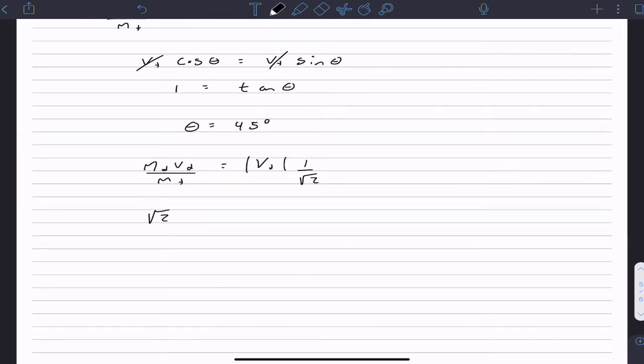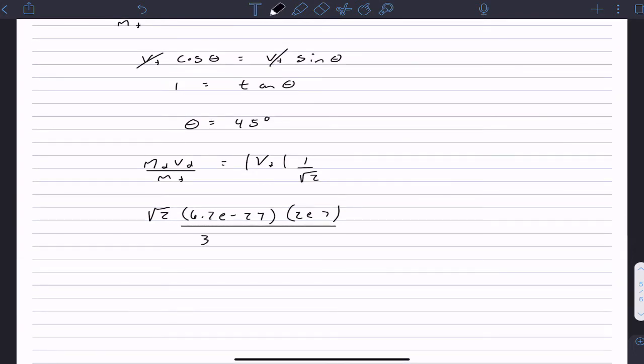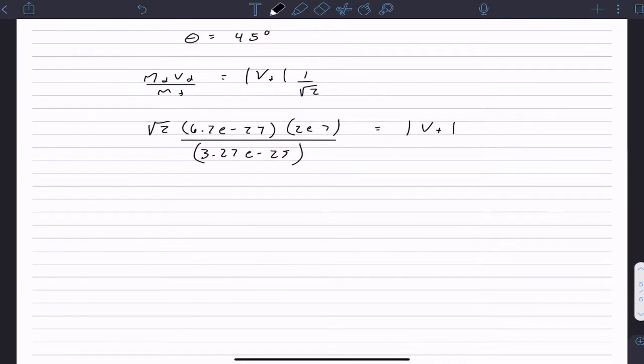So then we take square root of 2 times 6.7 e to the negative 27 times 2e to the 7, over 3.27, I think, yep, 3.27 e to the negative 25. And that will give you the speed of the particle. So let's figure it out. This gives you a value of 5.79 times 10 to the 5 meters per second.